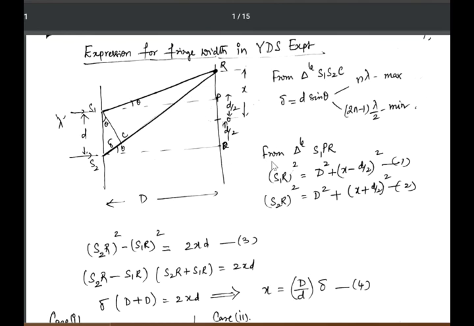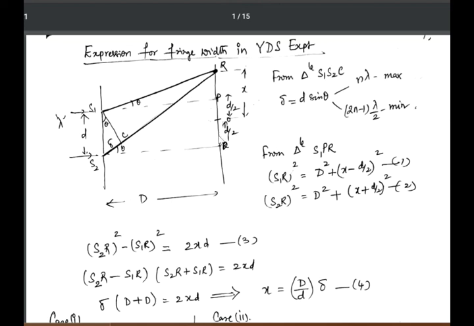So from the figure, from triangle S1PR, look at the figure, it's a right angle triangle. S1R whole square is equal to D square plus (x minus d by 2) whole square. From Pythagoras theorem, I am writing this. S1R square will be equal to S1P whole square plus PR whole square.